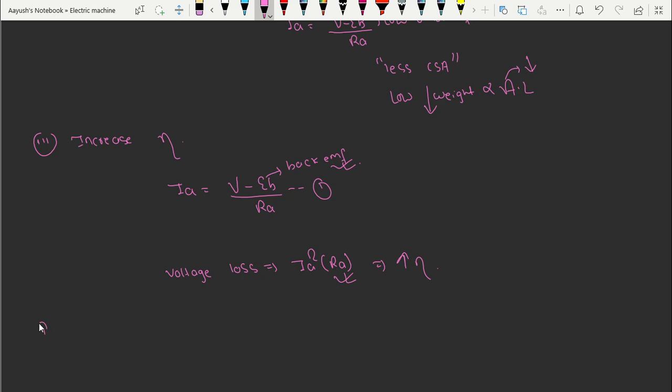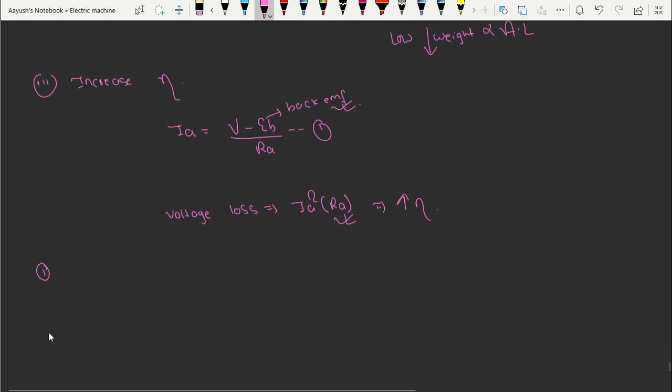So these are the benefits of back EMF in the DC motor. At first, low current is maintained while the motor is running, not starting. At starting there is still high current because there is not enough back EMF.